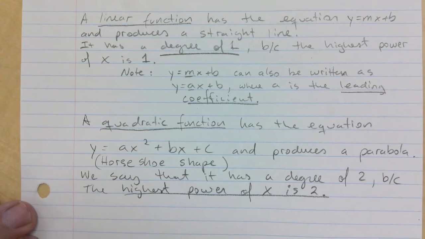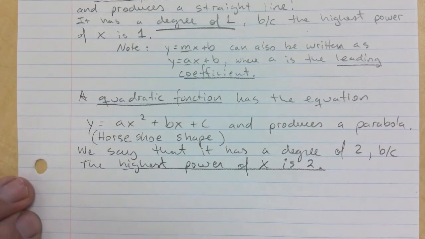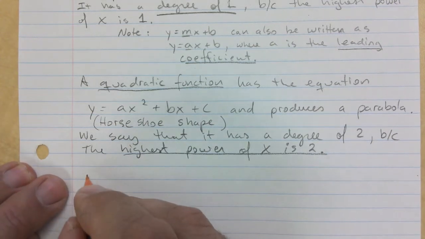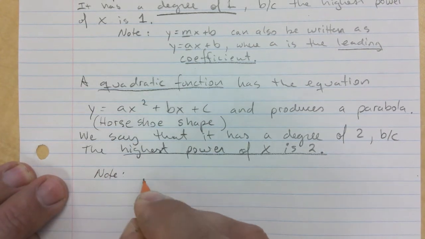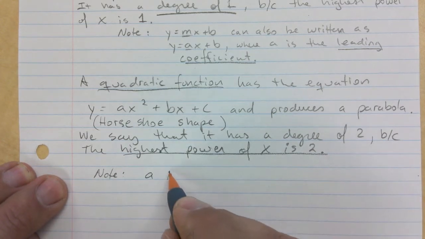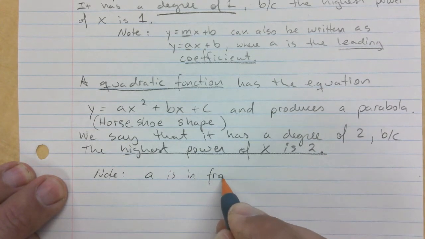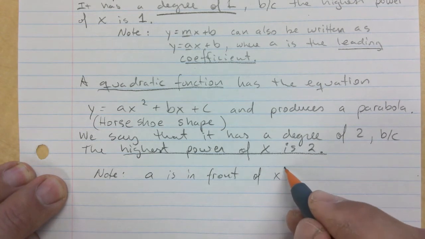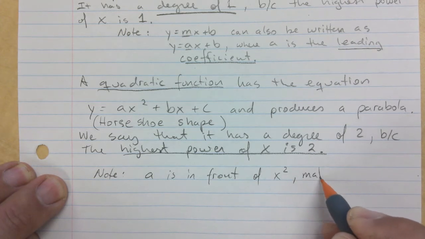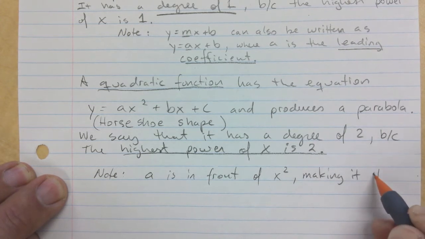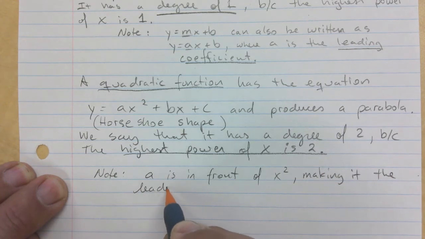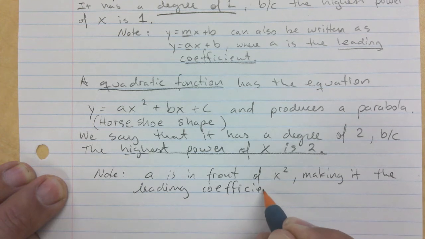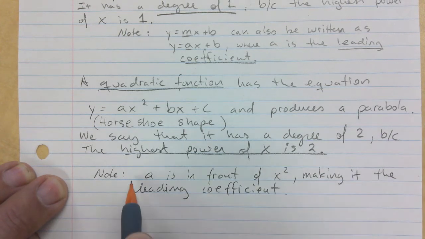Make sure you write this down, and I'll make a note. Right, note: a is in front of x squared, right? Making it the leading coefficient. That's note number 1.